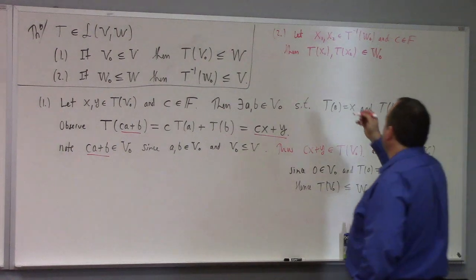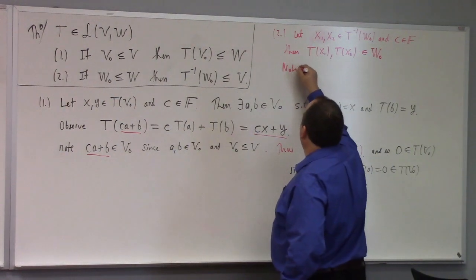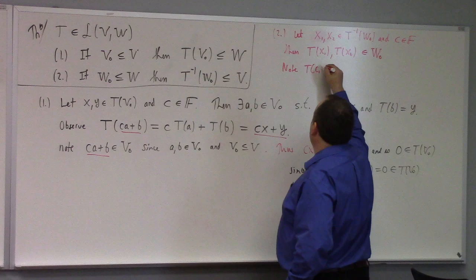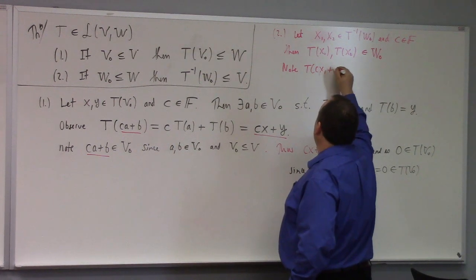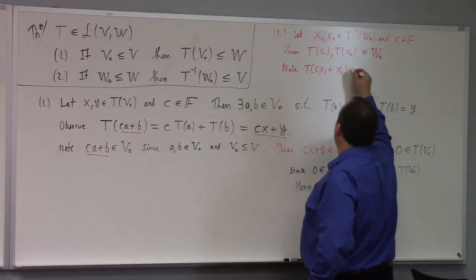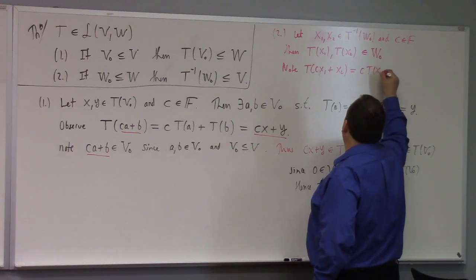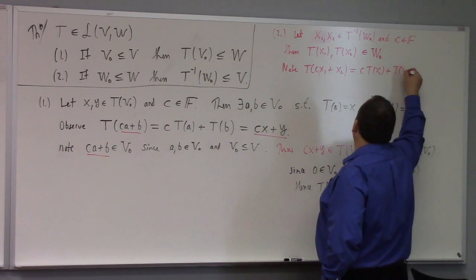But then what? T of Cx1 plus x2 is equal to C times T of x1 plus T of x2, right?